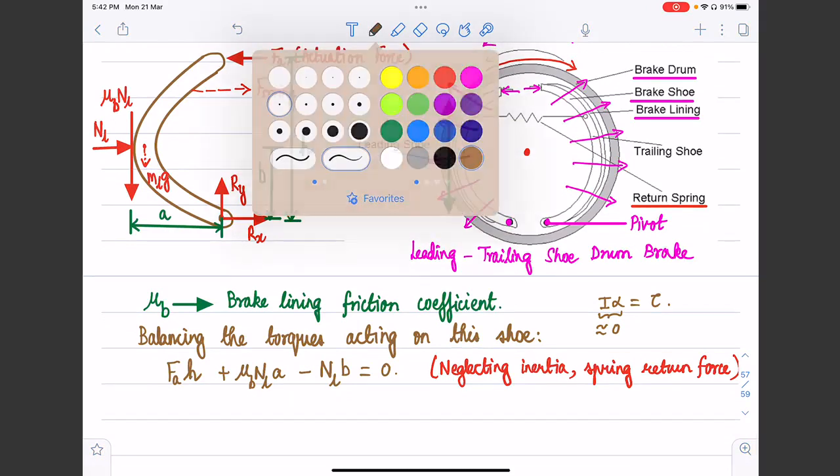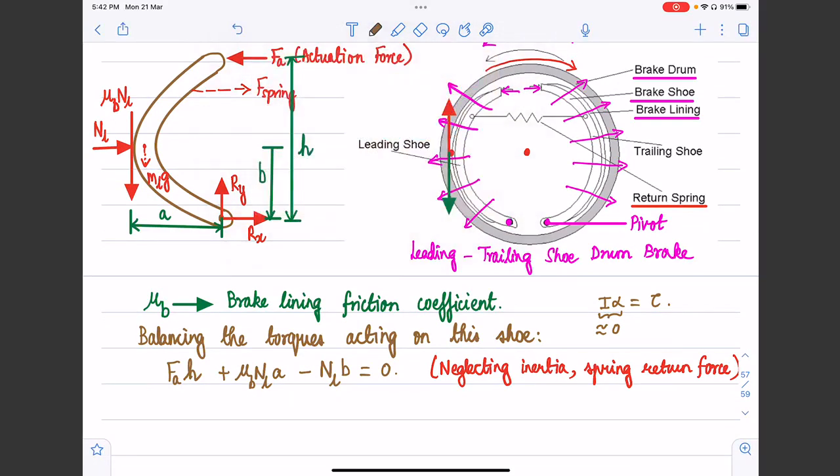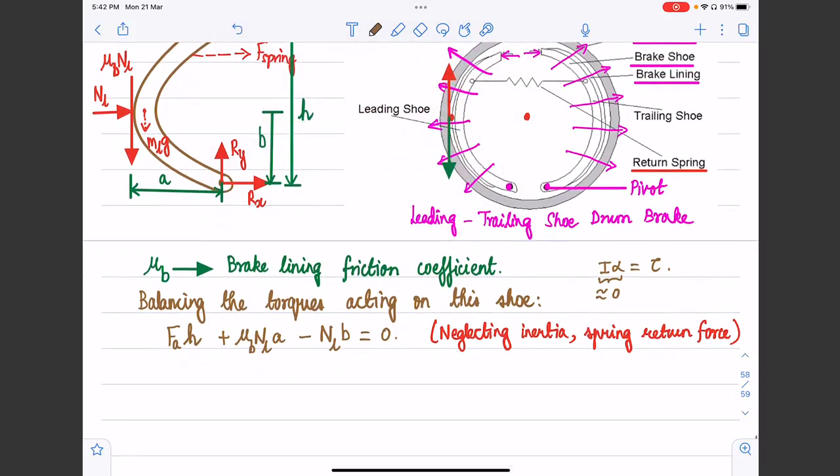This is FA times H. So once again, FA times H is going to be, let me write on the side so that I can explain one important concept in this regard.